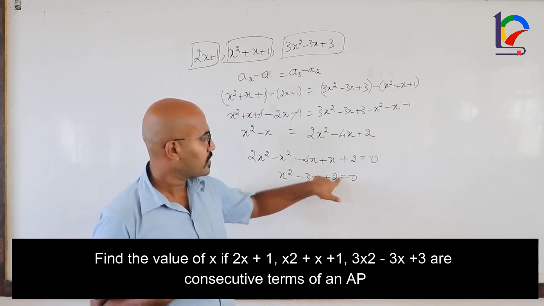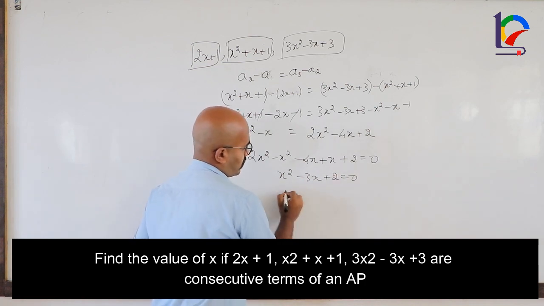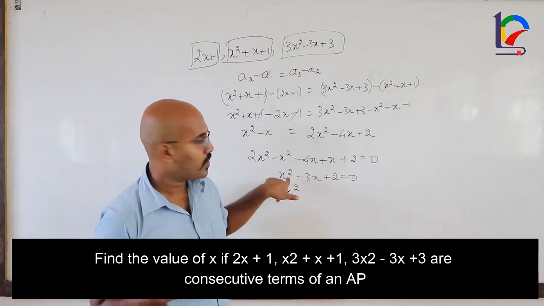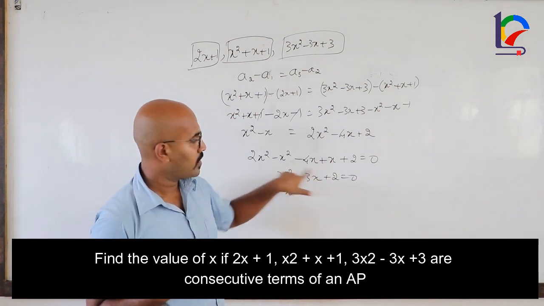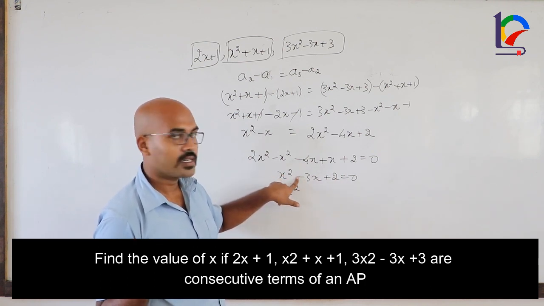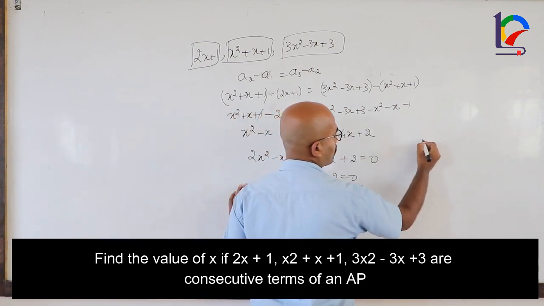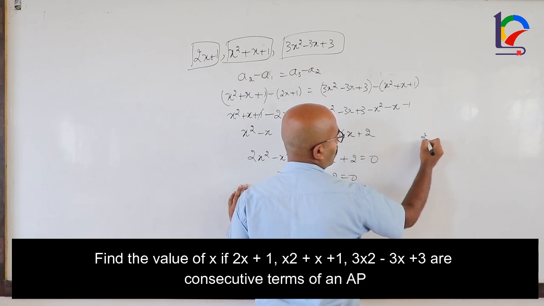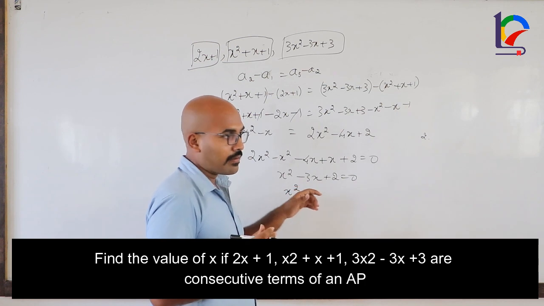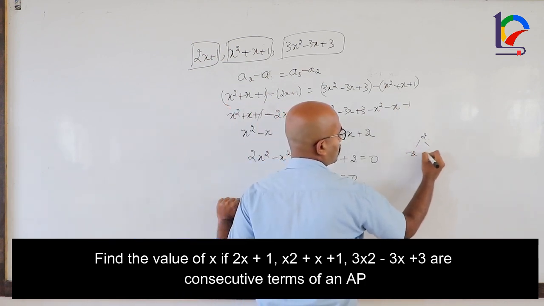So x square minus x minus 3x plus 2. When you solve this, it will be x square. Here the coefficient is 1 and the constant is 2, so it will be 2. Since you need to get minus 3, you need to split 2 such that when you add, you get minus 3. So minus 2 minus 1.